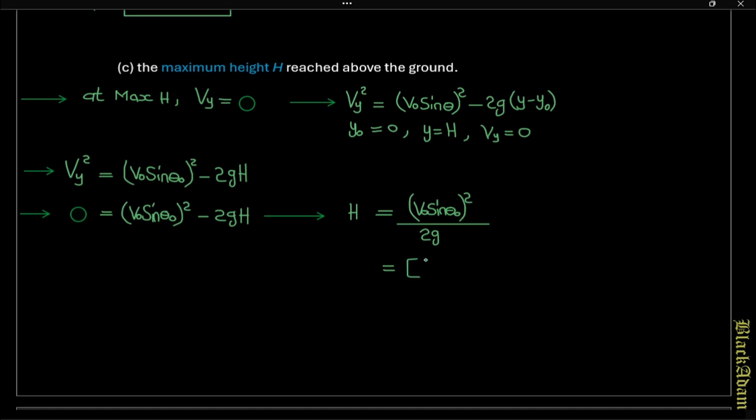So now we have initial speed, that's going to be 42.0 meters per second, multiplied by sine 60 degrees, and all of that information squared, all over 2 multiplied by 9.8 meters per second squared.